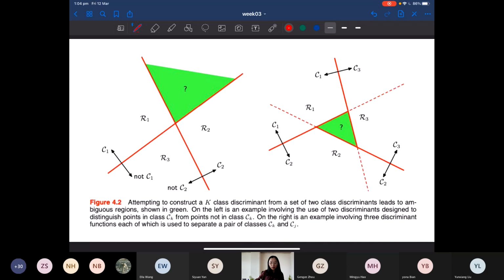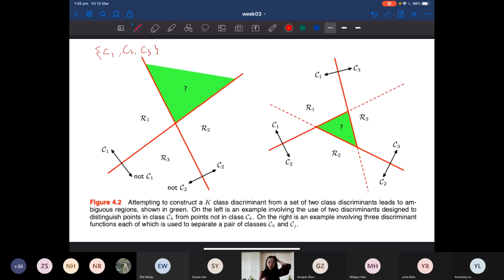On the left here are two discriminants designed to discriminate classes C1 and C2, whereas there are three classes to start with: C1, C2, and C3. And now we have a line for C1 versus not C1 and C2 versus not C2.